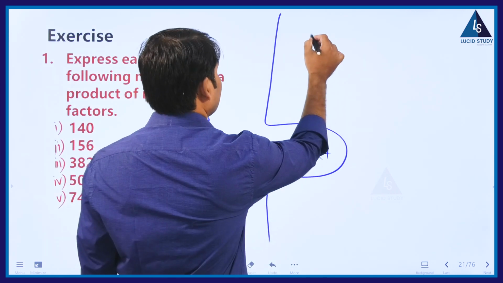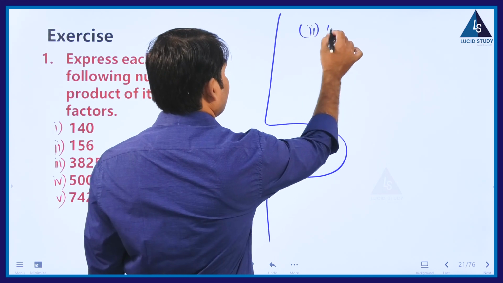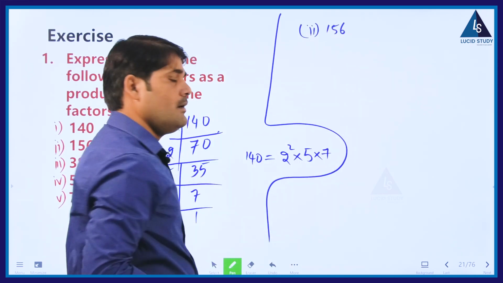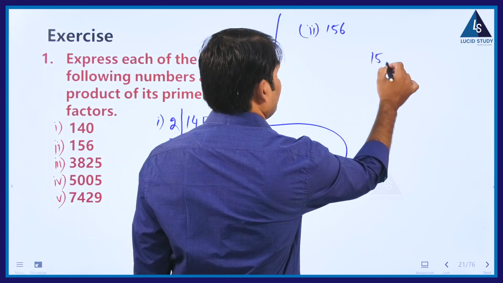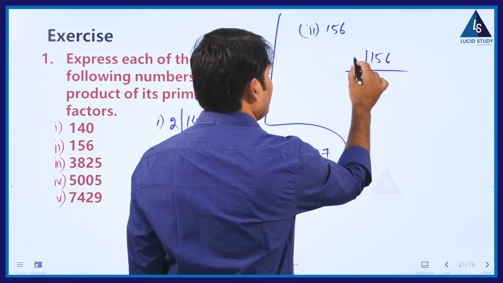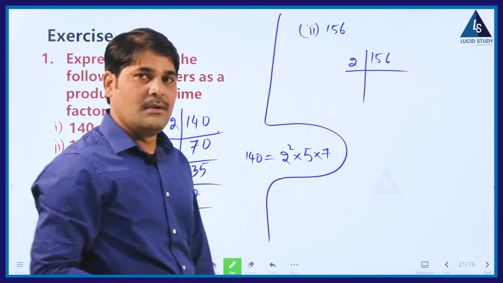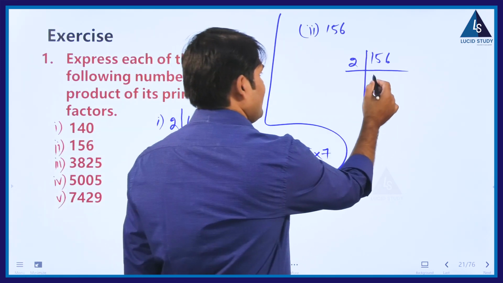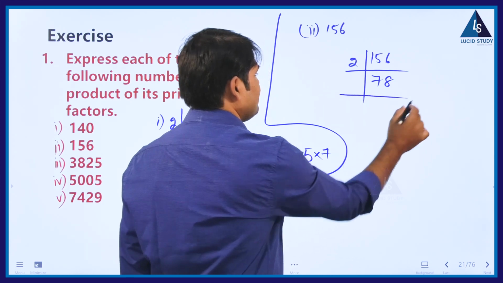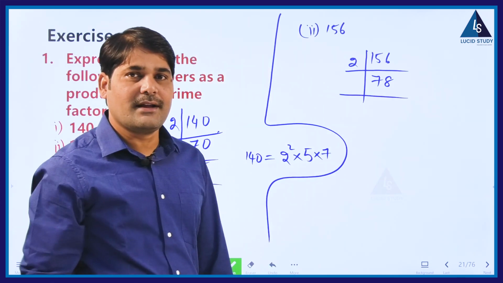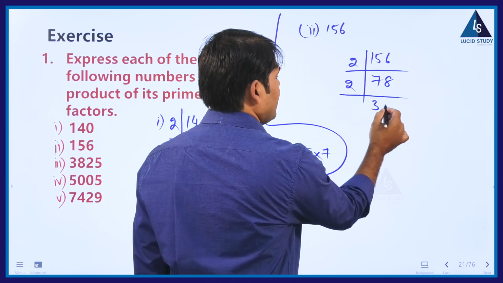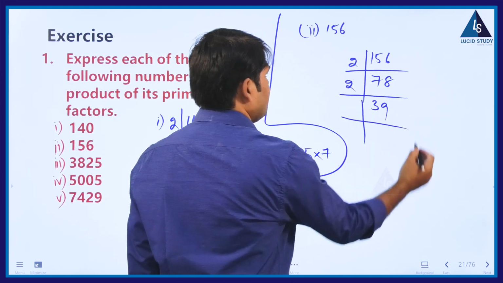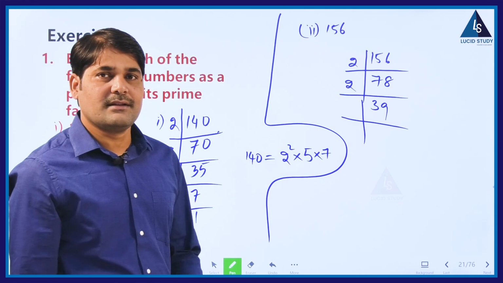Similarly, we will discuss the second problem, which is 156. So we will take the prime factors of 156. 156 in the 2 table: 2 78s are 156. 78 is in which table? It is again in the 2 table: 2 39s are 78. Next, 39 in which table?